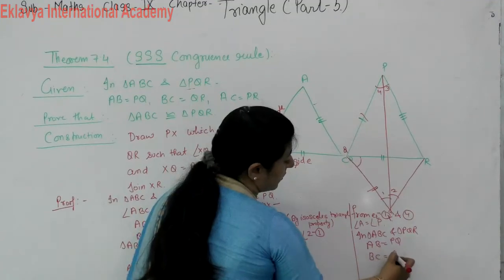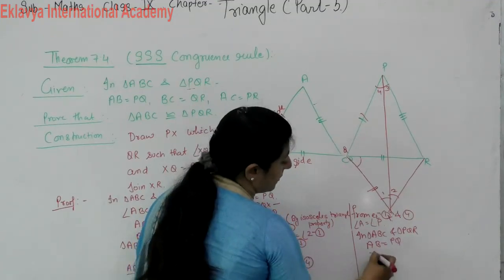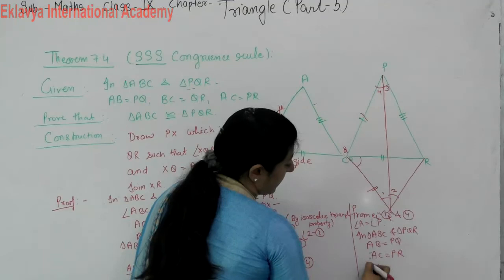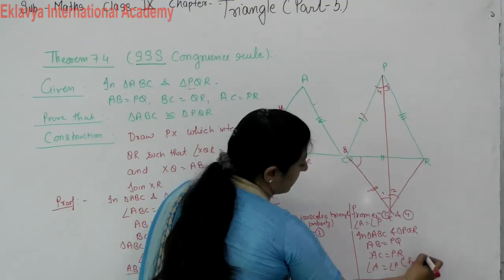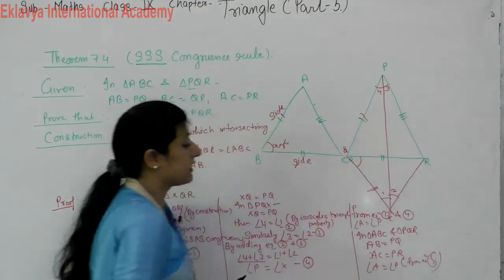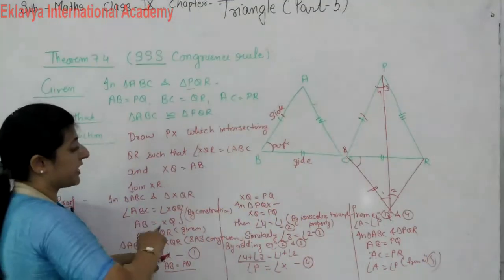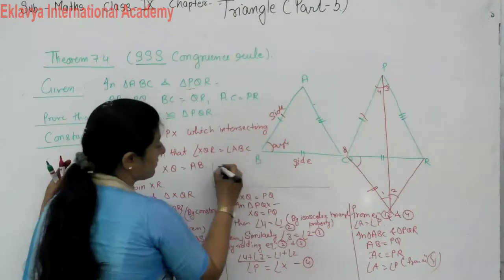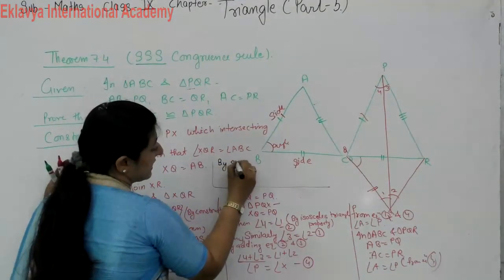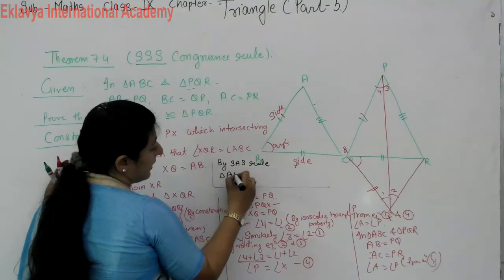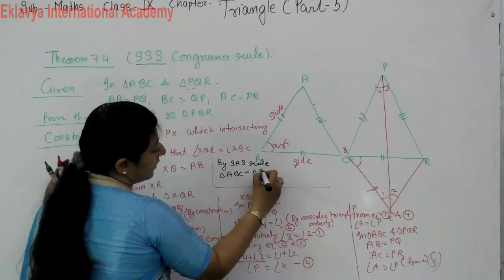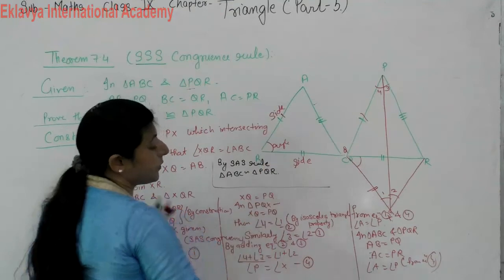AC is equal to PR, given. Angle A is equal to angle P from equation 4. Then by which rule can we say? By SAS rule, triangle ABC is congruent to triangle PQR.